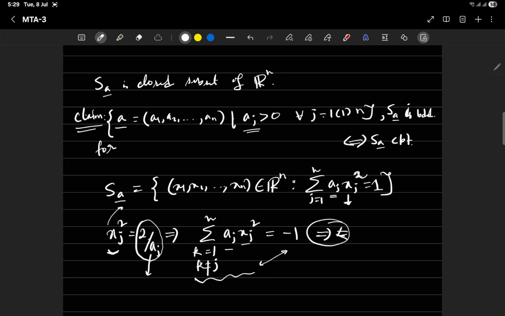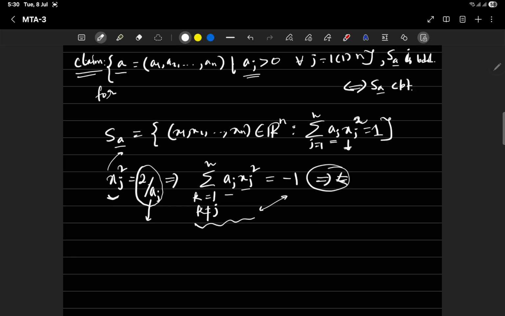Mathematically we can derive directly that each aj xj squared should be less than or equal to 1 for all j from 1 to n, because any one of them cannot be greater than 1. If it is greater than 1, then things would be negative.